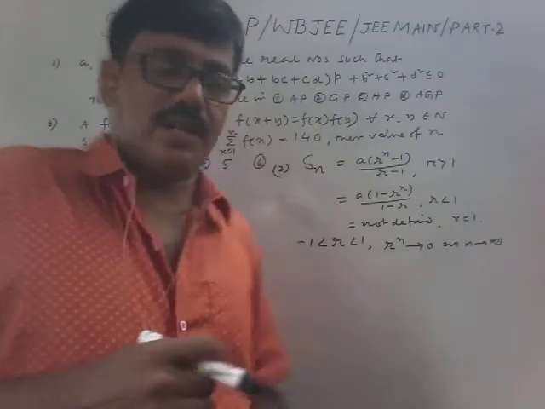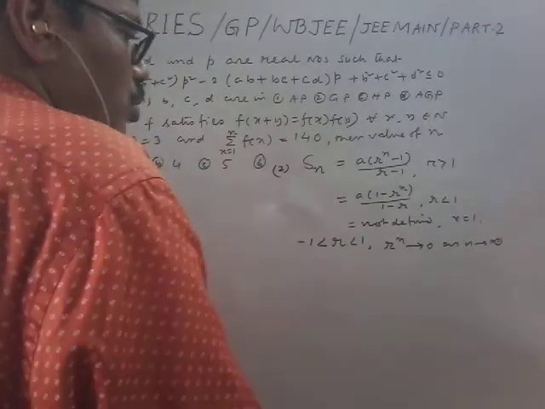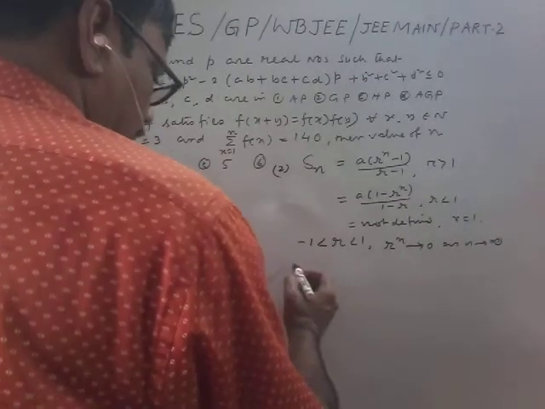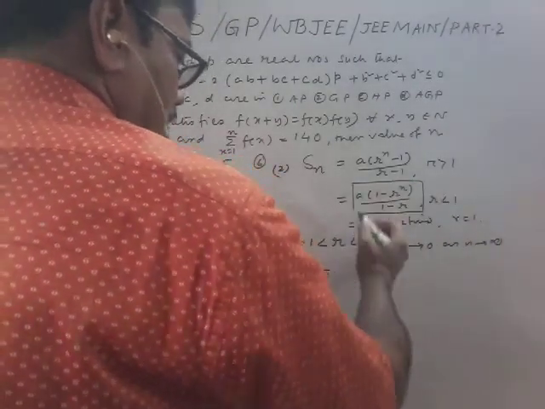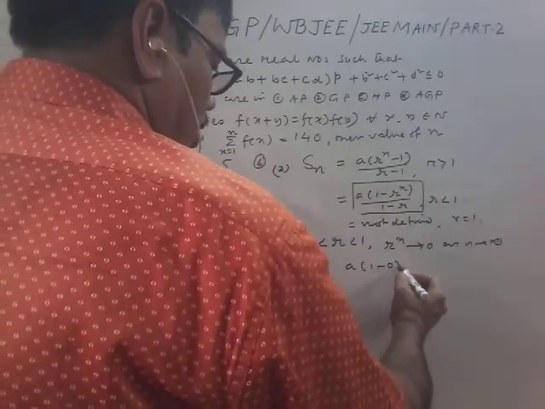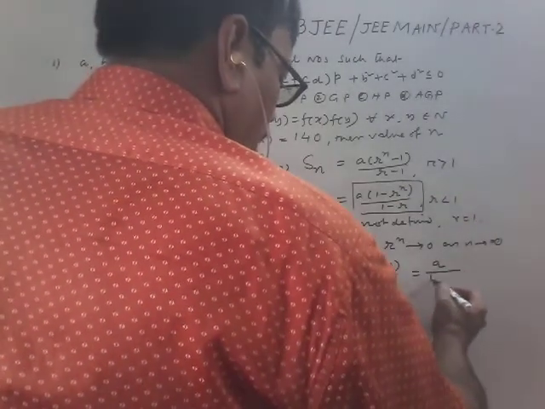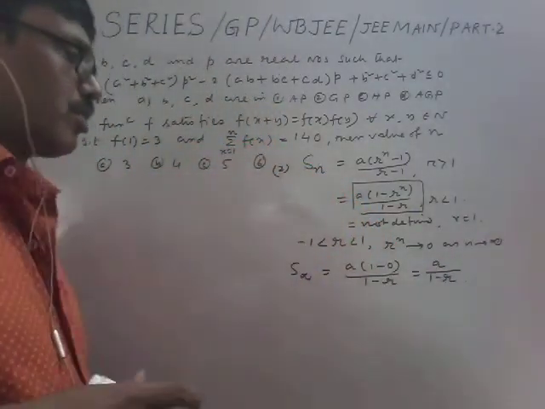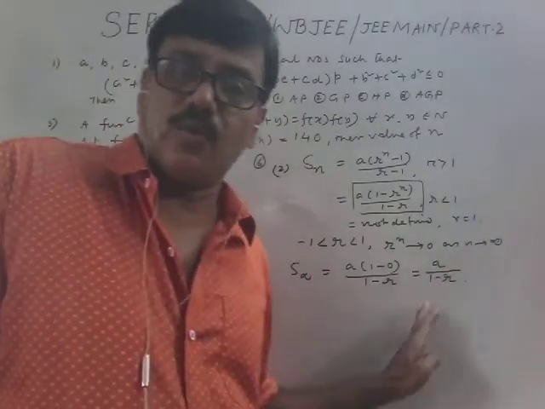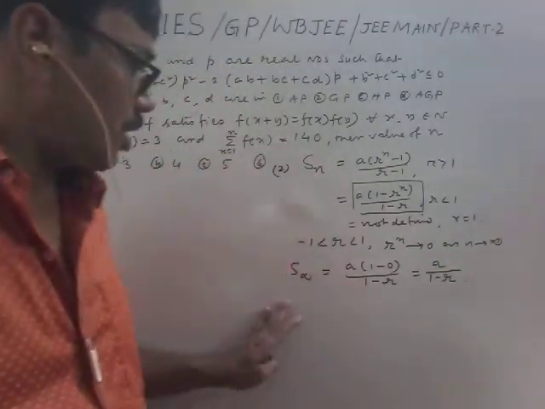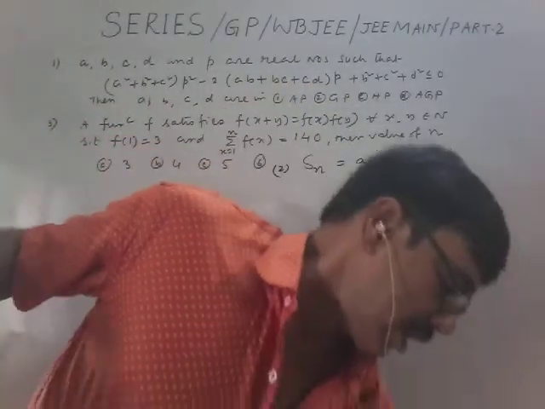So if the common ratio lies between minus 1 and plus 1, then S infinity equals, look at this restriction, A into 1 minus 0 by 1 minus R, so A by 1 minus R. So the sum of an infinite GP series is A by 1 minus R. This is another working tool.